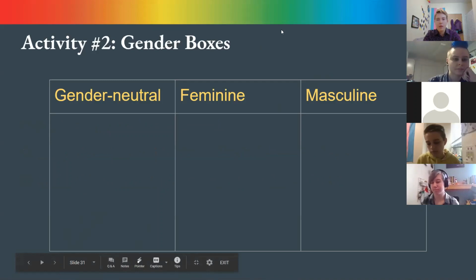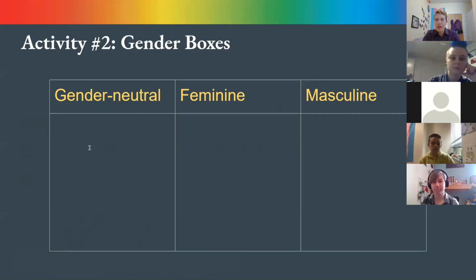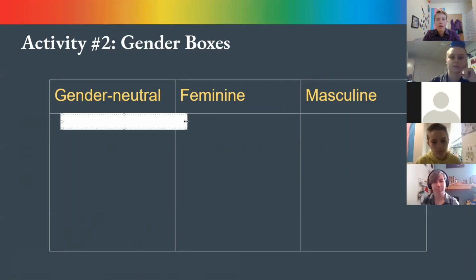Hopefully you wrote something down. Next we're going to try to create a creative collaborative list of these items. If y'all want to start sharing either verbally or in the chat some of these ideas, I would love to hear them. First we're going to start with the gender neutral box. What are some things that you all decided were gender neutral or androgynous?